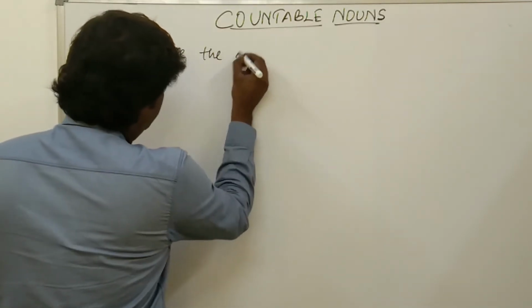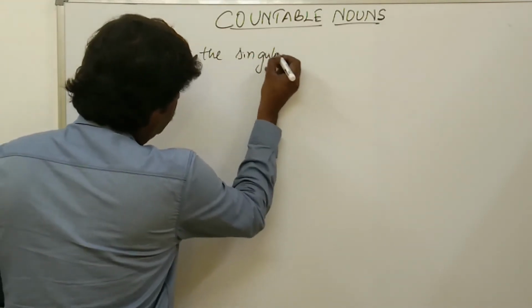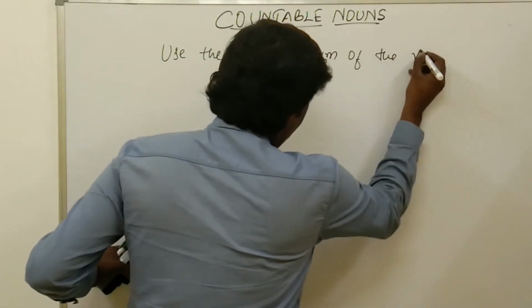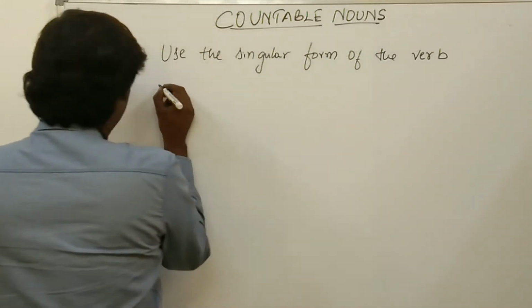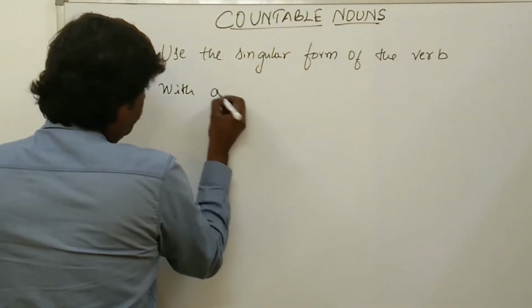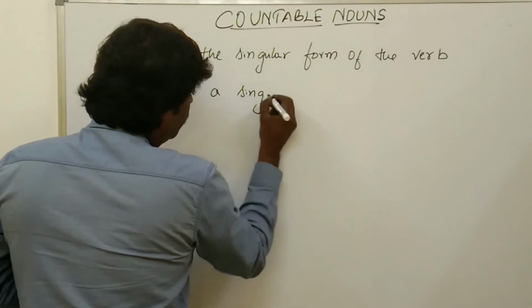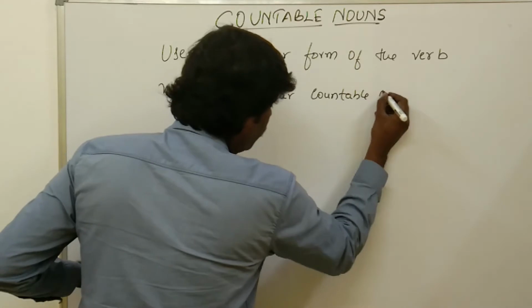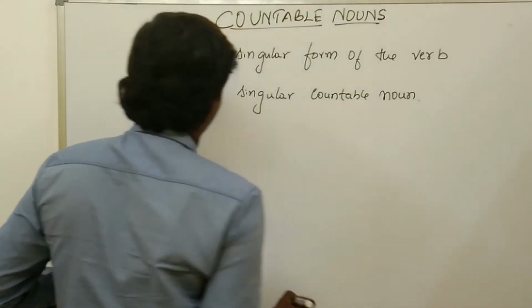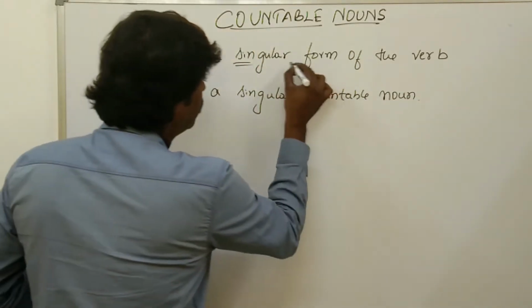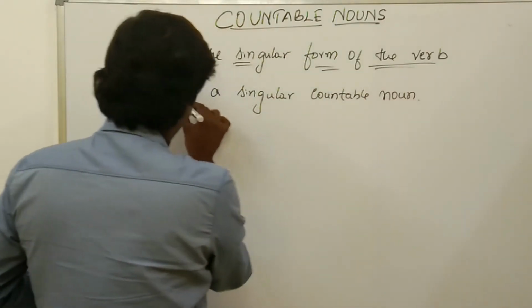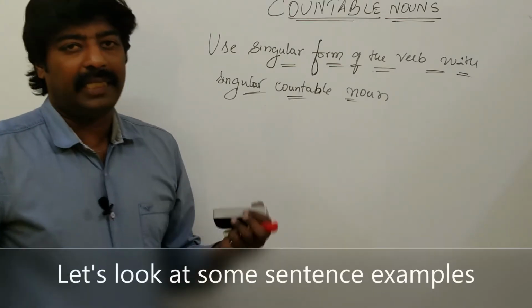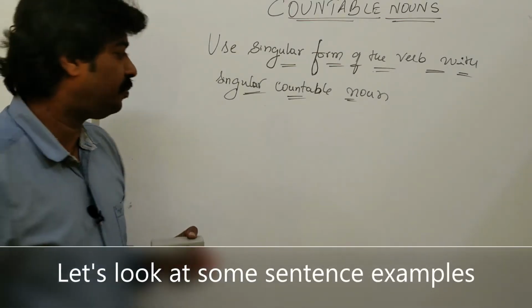Use the singular form of the verb with a singular countable noun. Let's look at some sentence examples.